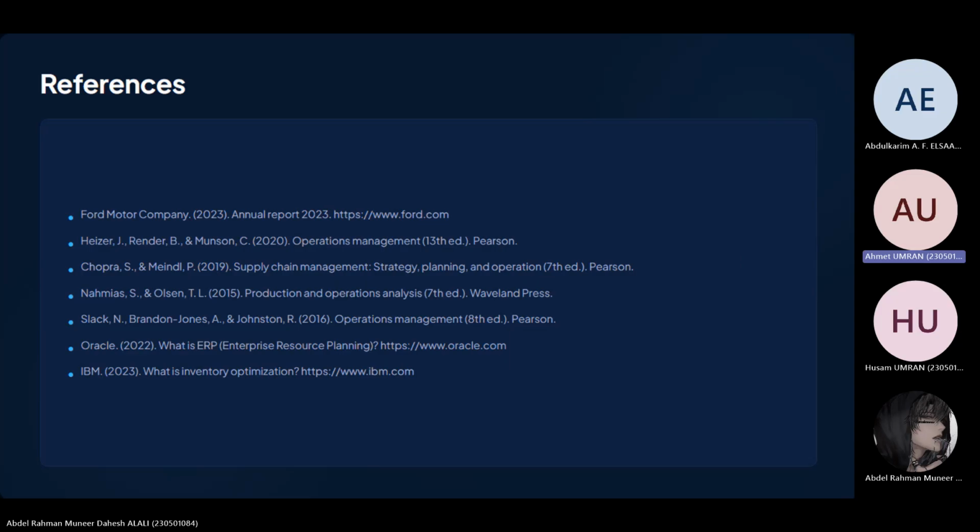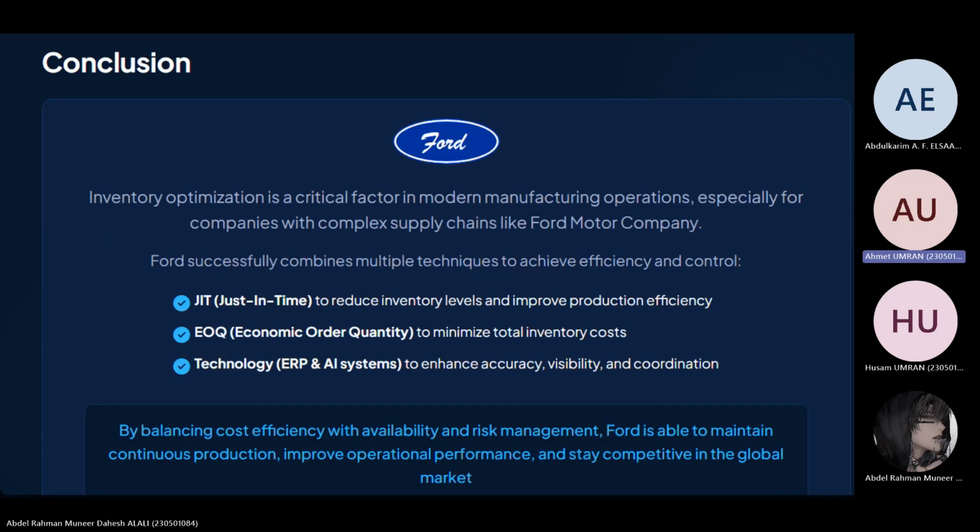To conclude our presentation, basic techniques, as we mentioned, and advanced methods such as AI forecasting, ERP, JIT, EOQ, lean manufacturing, and supply integration help companies deal with modern challenges in our current time. In the end, the goal is to achieve the perfect balance, having the right products in the right quantity at the right time while minimizing the cost.